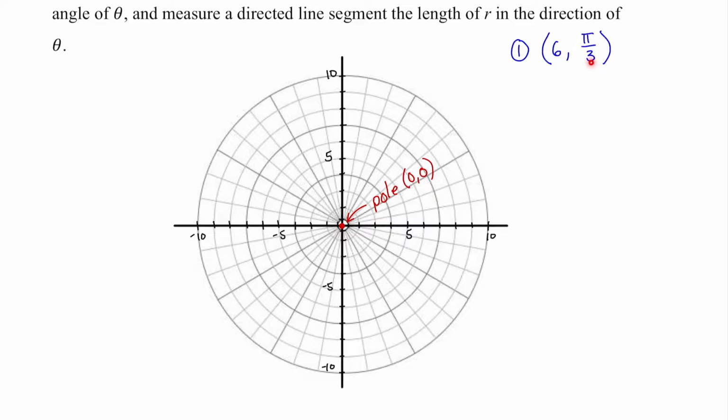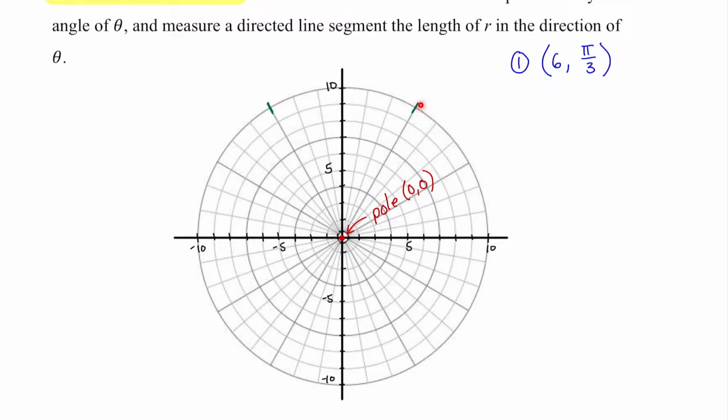Now you want to rotate pi over 3, so you are going to divide your pi into 3 equal parts. This is 1 pi over 3, this is another pi over 3, and this is another pi over 3. My point is 6, pi over 3, so I will have the length of 6, and I rotate pi over 3. My point is right here.